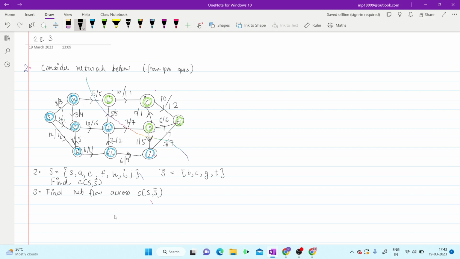Who will tell? Somebody tell. The capacity is the sum of capacities over all the edges whose first vertex is in S and whose second vertex is in S bar. So what all edges should we consider?